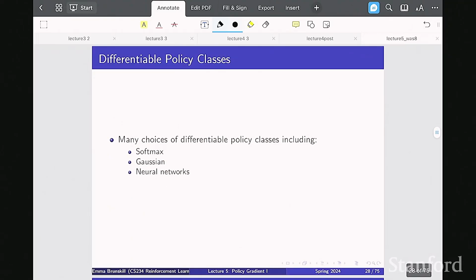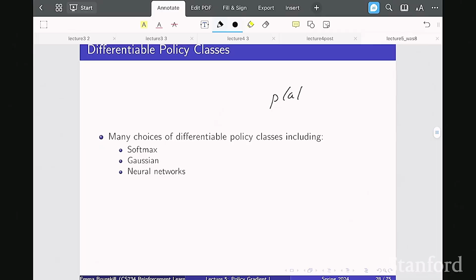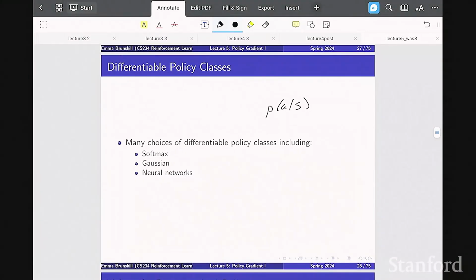Popular ones are often softmax. Softmax is used all the time; I'll explain what it is in a second. Gaussian, and neural networks. And again, just to be clear, what I mean by a policy class is the functional form we're using to give us a probability of an action given a state.